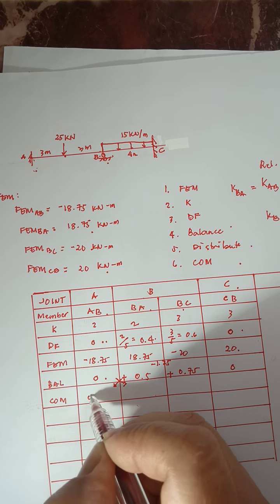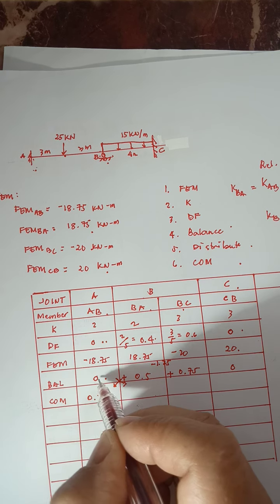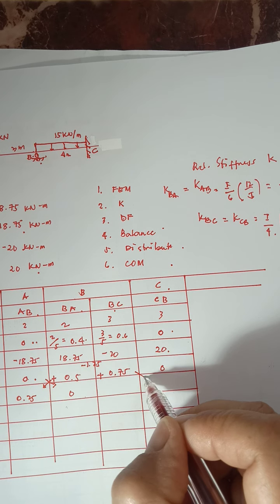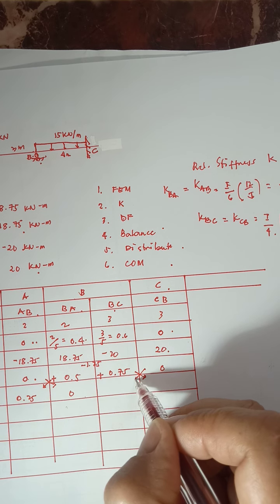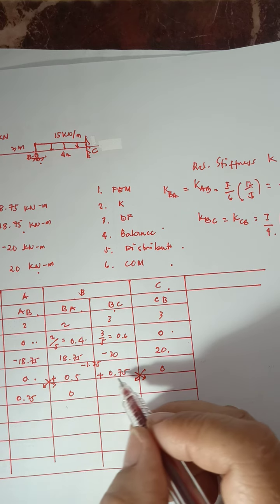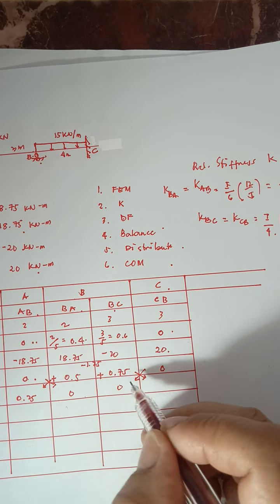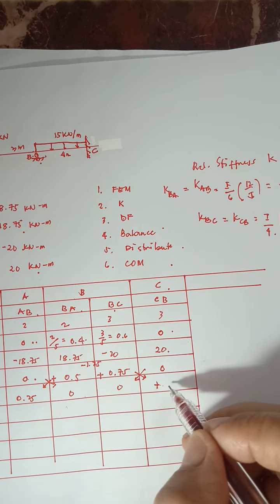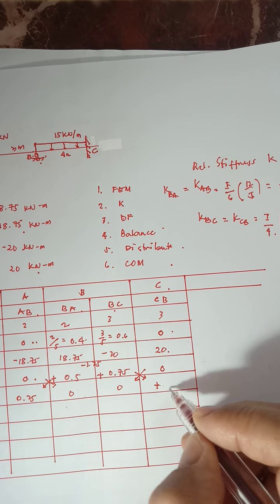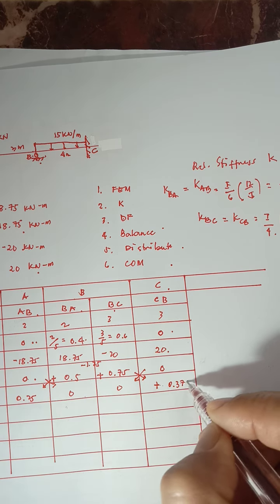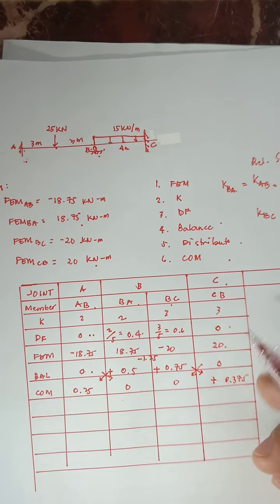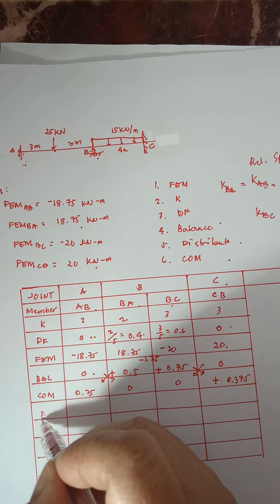That is positive 0.25. This one is 0. This one is carried over to CB and this to BC. So this will be 0, and this one positive 0.375, 1/2 of 0.75.